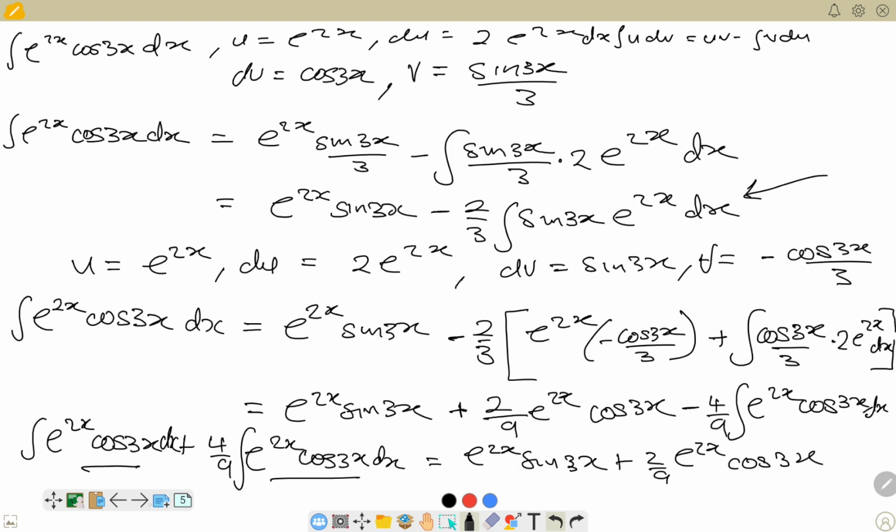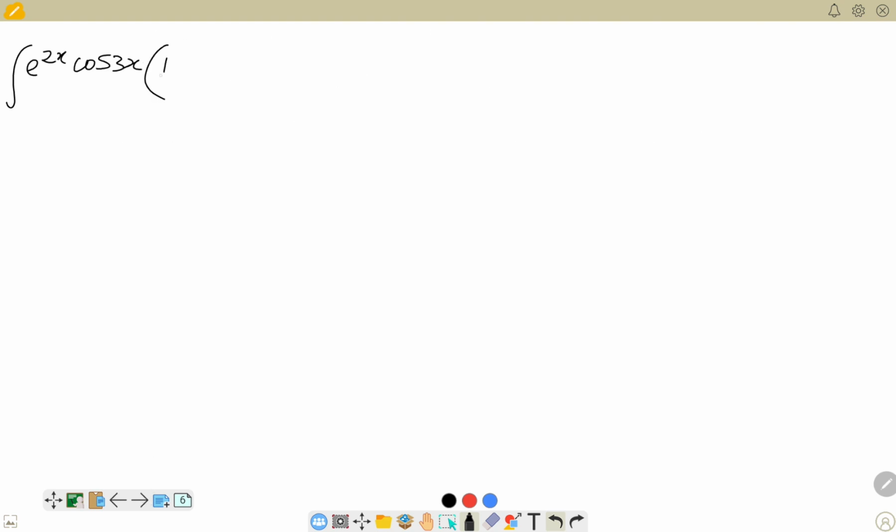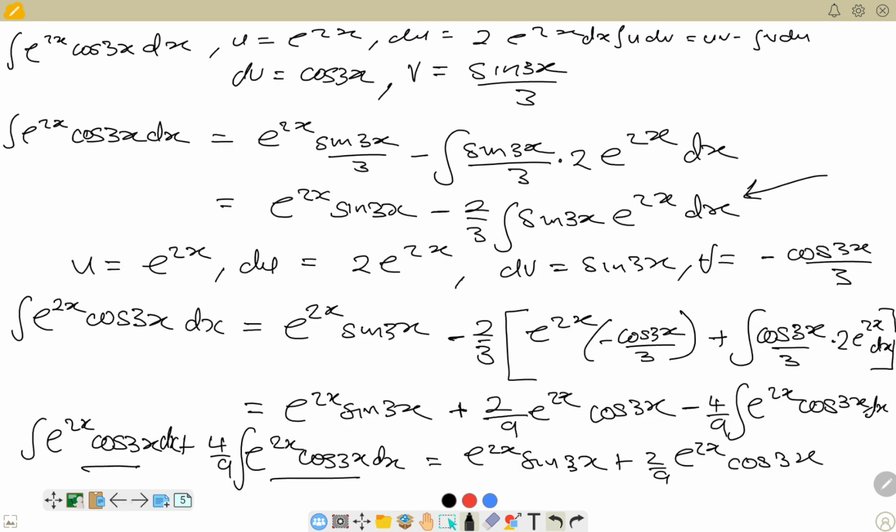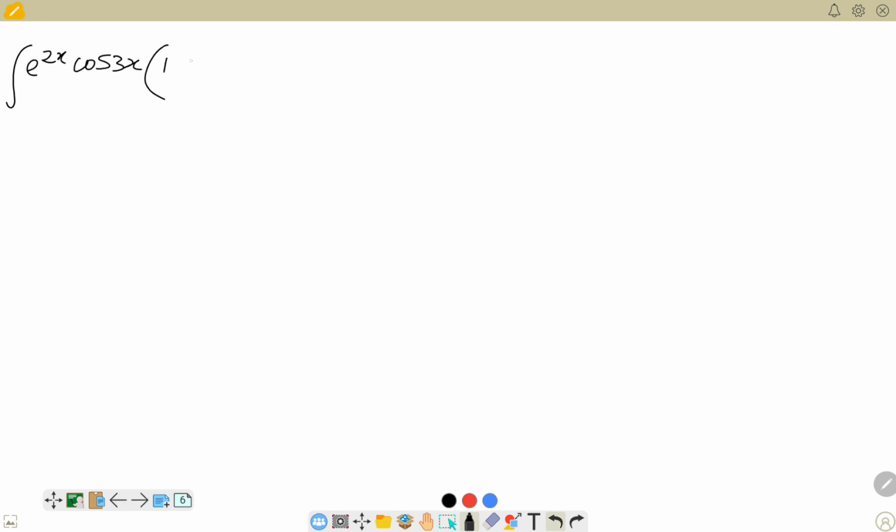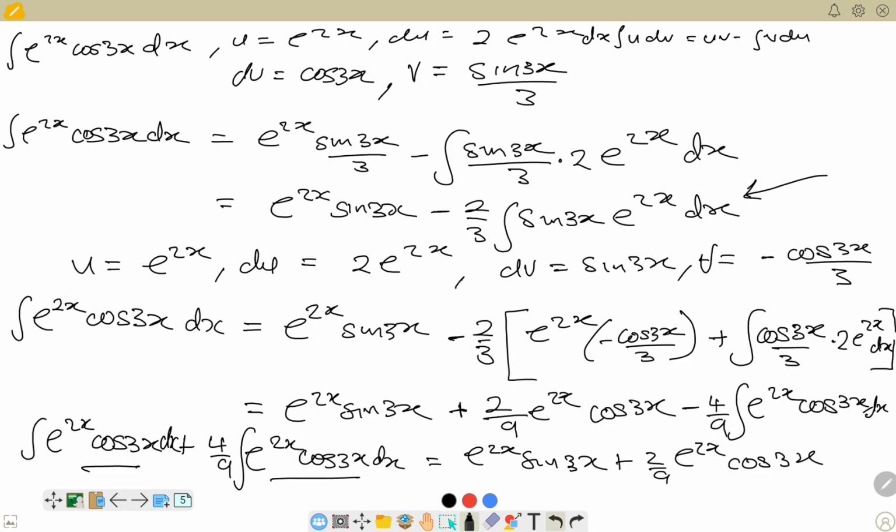When we do that, on the first term we have 1, so it's going to be plus 1. On the second term, we have 4 over 9. Then dx can still be there. And as a matter of fact, it has to always be there.